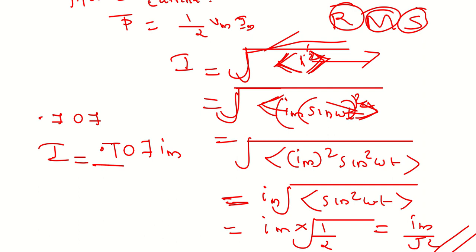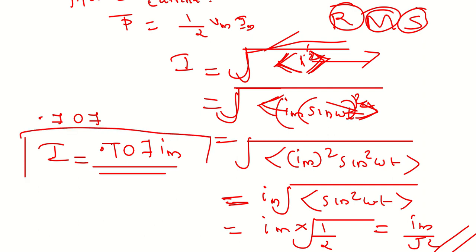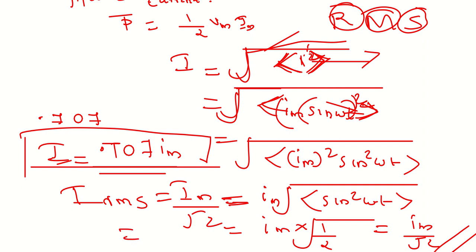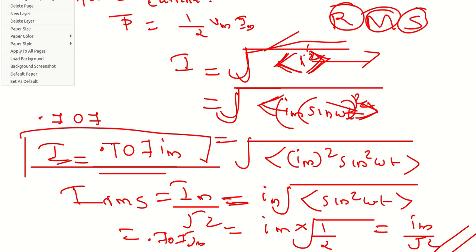So I is equal to 0.707 Im. So Irms is equal to Im divided by root 2, or 0.707 Im.